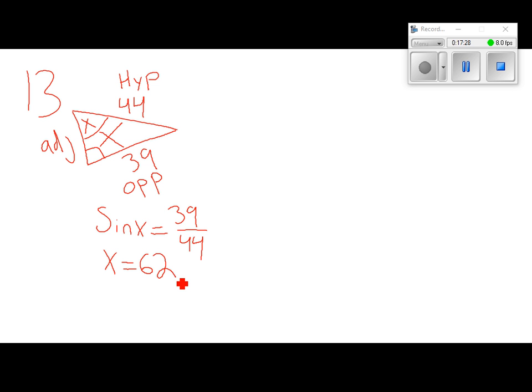And then close the parenthesis and it equals. It's going to say error because 44 is bigger than 39, right? So that would make the sine larger than 1. That won't work. You can't have a sine or a cosine that's bigger than 1. So if you put your fraction wrong for sine or cosine, it could give you the error.